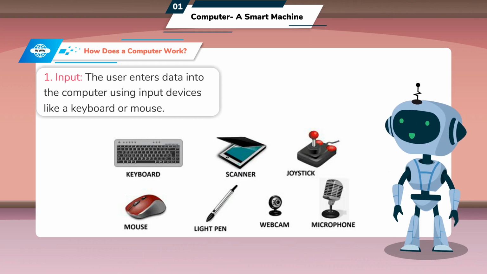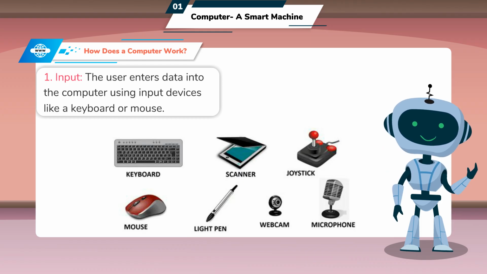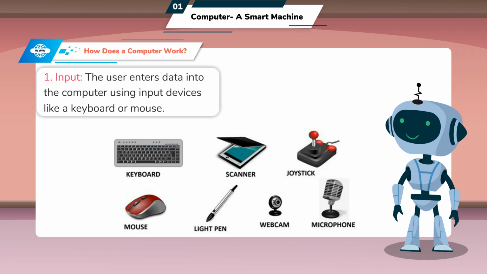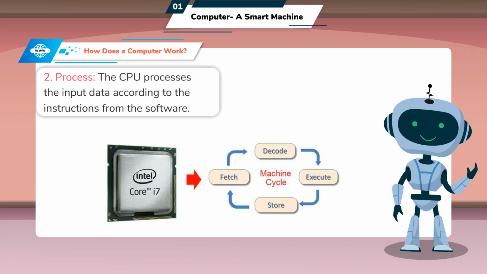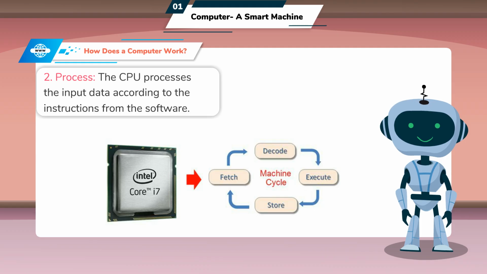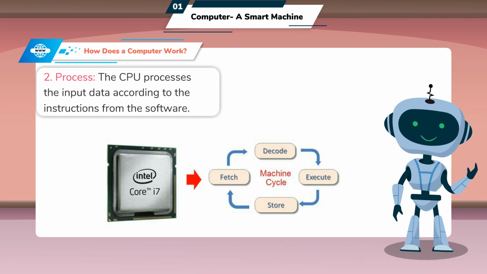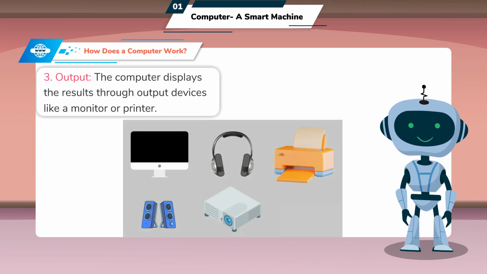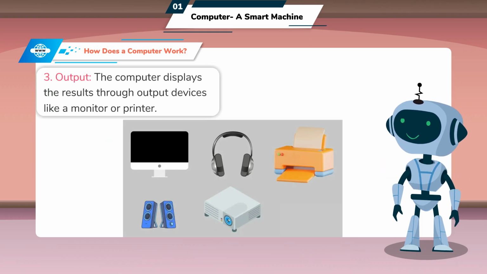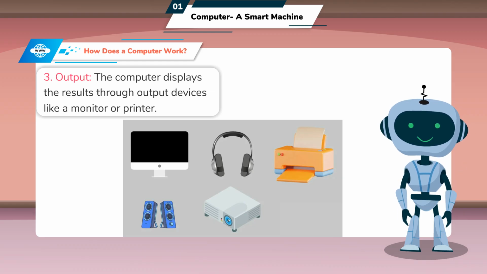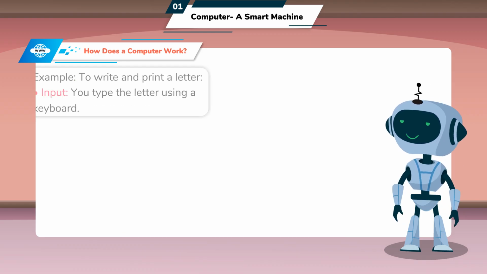Input. The user enters data into the computer using input devices like a keyboard or mouse. 2. Process. The CPU processes the input data according to the instructions from the software. 3. Output. The computer displays the results through output devices like a monitor or printer.